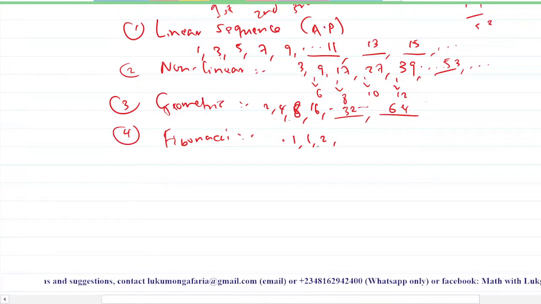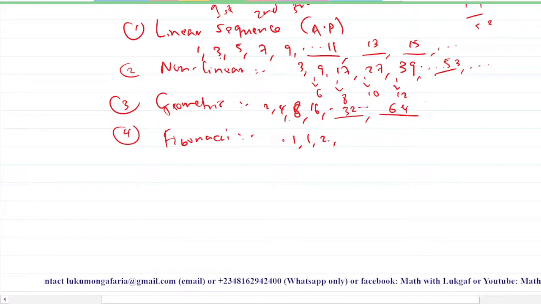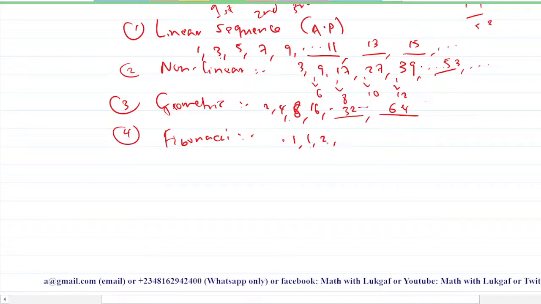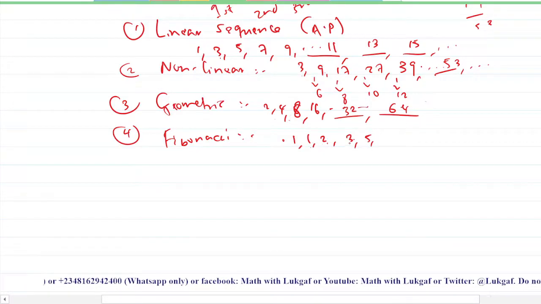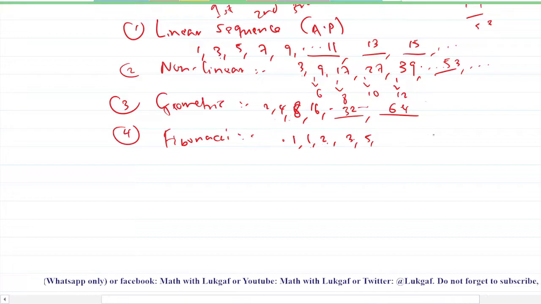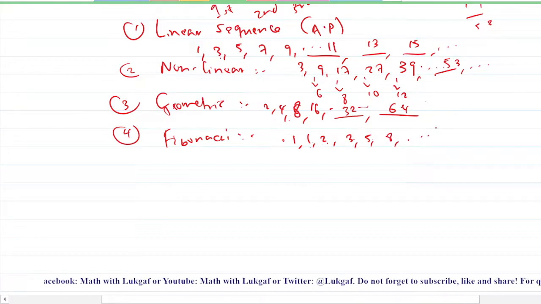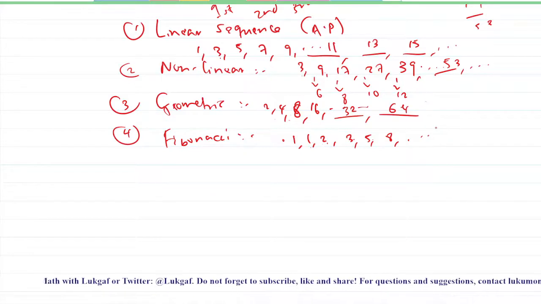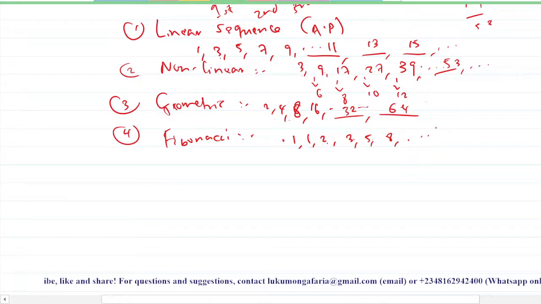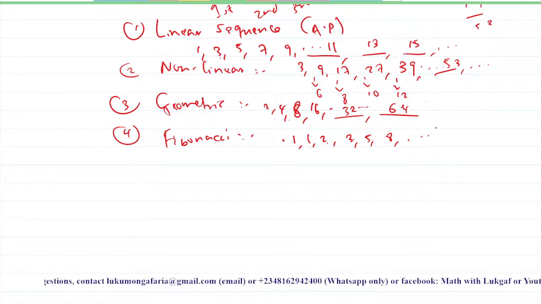To obtain the next one, 1 plus 2 will give you 3. The next gives you 5, then 8. You see that they follow a particular pattern. When each term is the summation of the two previous terms, we call it a Fibonacci sequence.